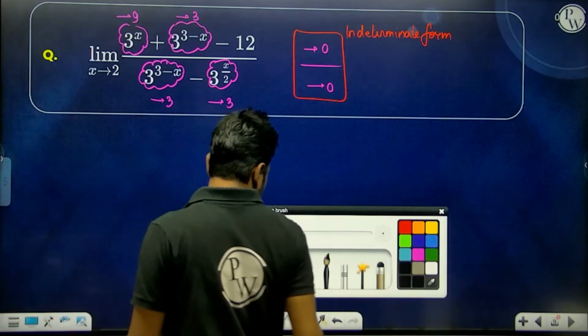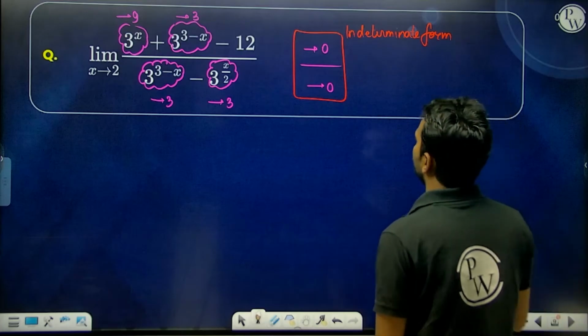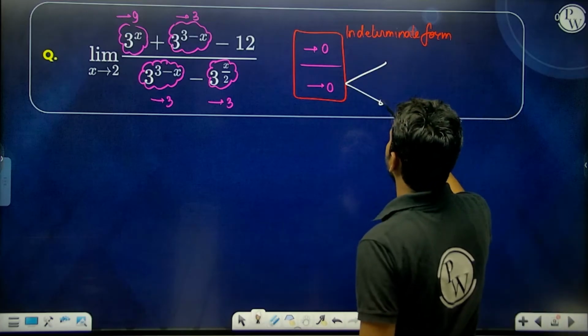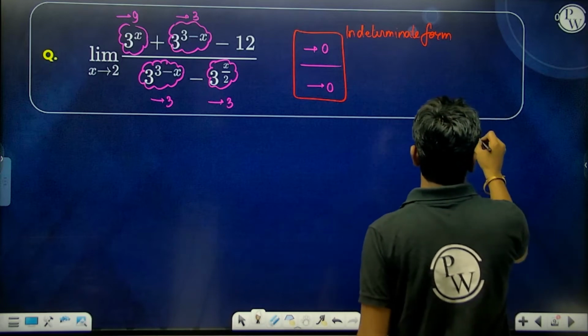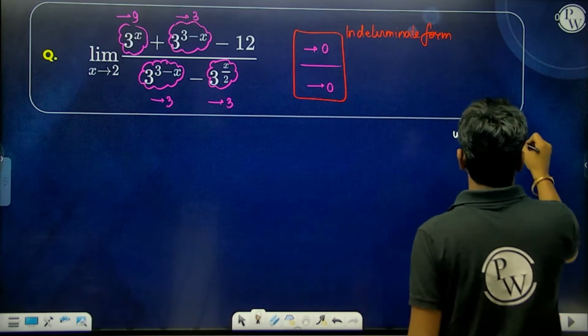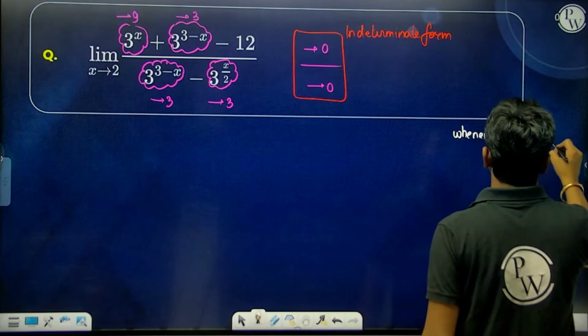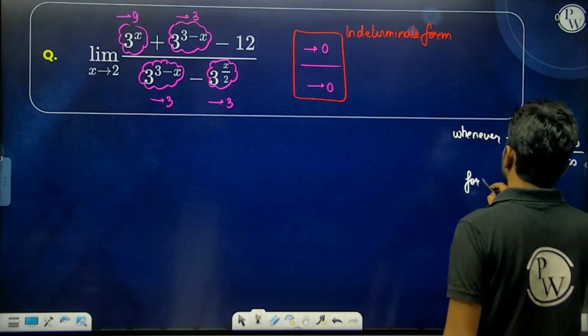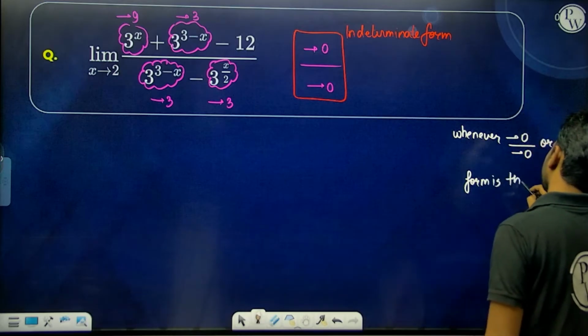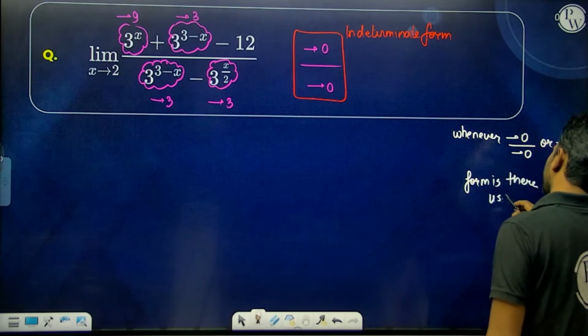Now let me tell you one shortcut method which is useful for you in the JEE examination. Whenever tending to 0 upon tending to 0 or tending to infinity upon tending to infinity form is there, use the LH rule.